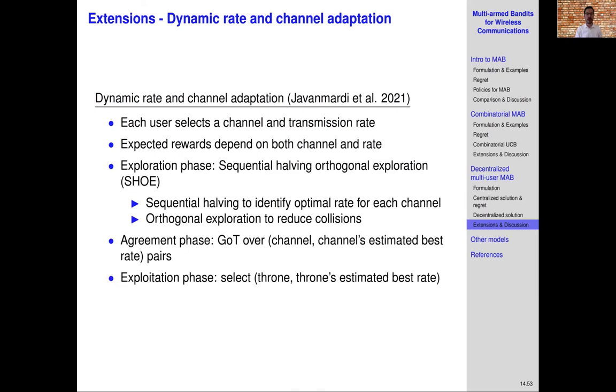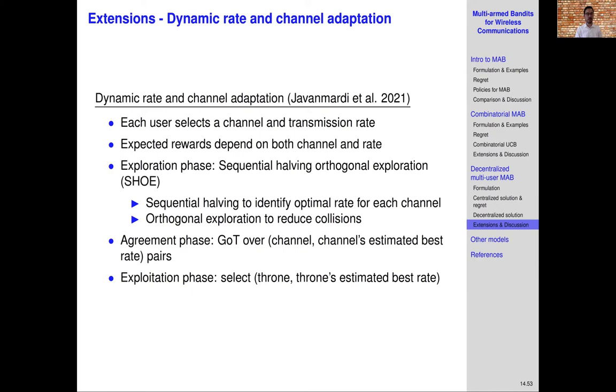In the exploration phase, the proposed method used a technique called sequential halving orthogonal exploration. Here, the sequential halving algorithm is used to identify the optimal rate for each channel as fast as possible, while orthogonal exploration is used to reduce the number of collisions in the exploration phase.